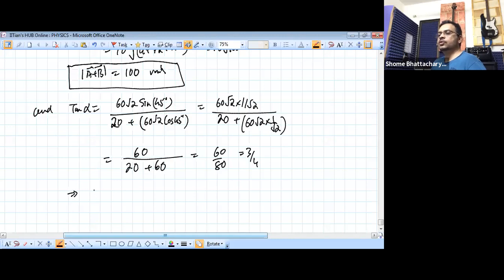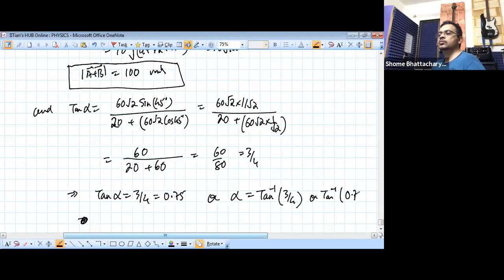So now at this stage we may not know what angle this is. So tan alpha is 3 by 4 or 0.75. We can also say that alpha is tan inverse of 3 by 4 or tan inverse of 0.75. But I will tell you that alpha is about 37 degrees. If you have a scientific calculator, you can check this also in that.